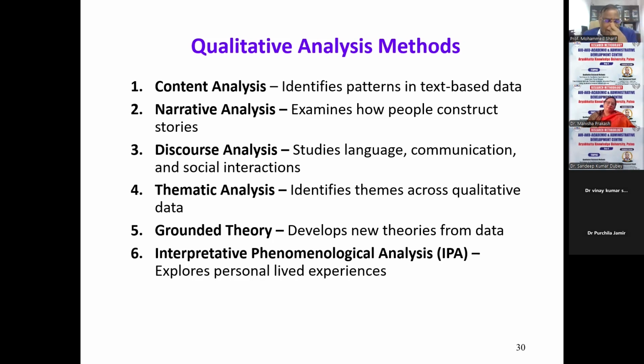For example, if there is a review of a hospital or a restaurant, by reading the reviews, the researcher can find out whether there are some words that are occurring more often than other words. Sometimes a phrase like fresh ingredients used by the restaurant could be there in all the reviews.